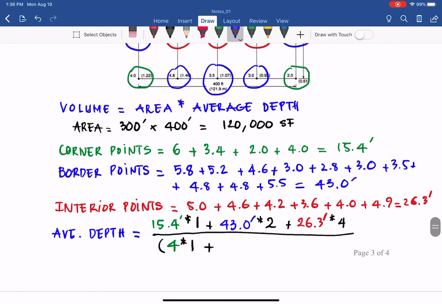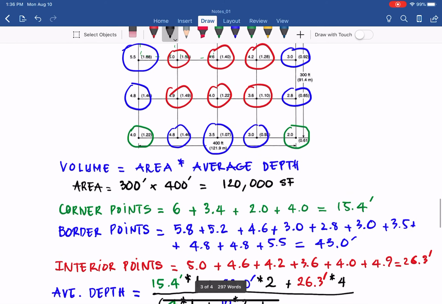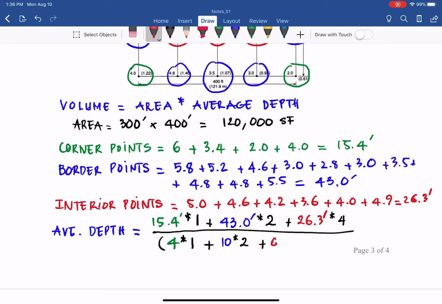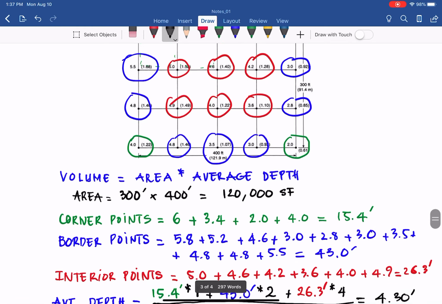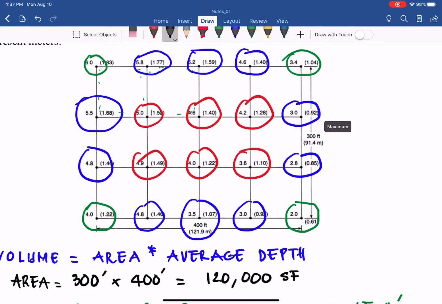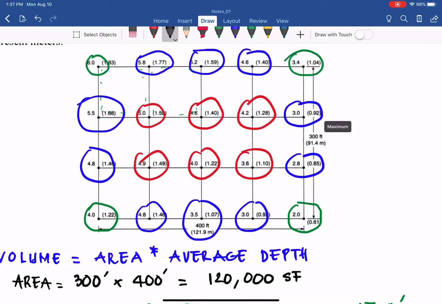So plus 10 times the weighting for border points, 2, plus how many interior points? 6, so 6 times 4. When you work that out, the average depth is 4.30 feet. So the 4.30 feet represents the average depth of the whole excavation pit in this problem.